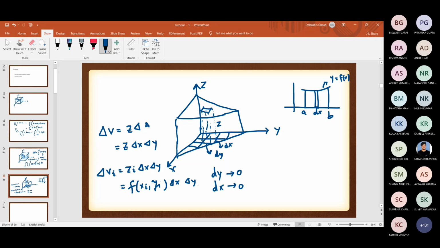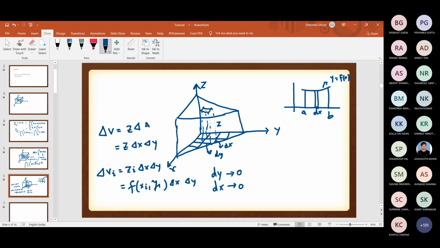Now we are going to sum it up. If you take the summation for all i, that will give you all the points as it varies over the surface. Since the surface will not always be uniform and flat, it is a curved surface, so heights are going to change, and those heights could be computed with the help of different points. At the points x_i and y_i, you could find the surface.